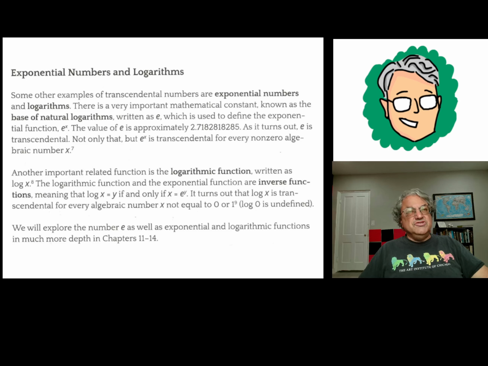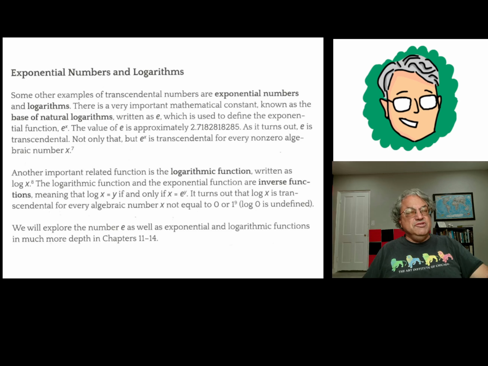And for the other numbers that are transcendental, it's easy to go from e to the function e to the x. It's kind of the exponential function. Actually, there are a lot of exponential functions: b to the x, where b is any positive real number. You can make what's called an exponential function b to the x, and it has a lot of very useful properties.